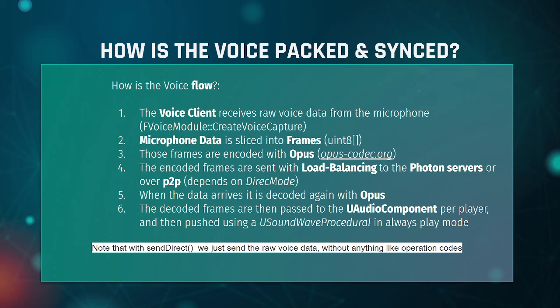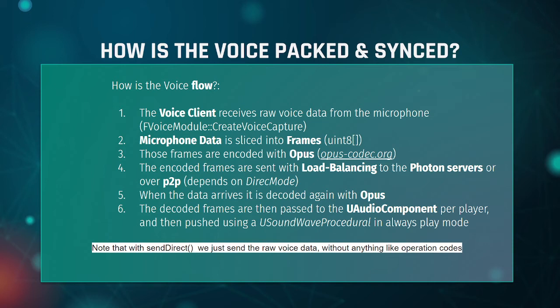The encoded frames are sent with the load balancing application. The load balancing application is something that will detect the best way to send a message and balance the lag depending on your connection. So the Photon servers will have their own version of the voice application, but we could have our own voice application server.